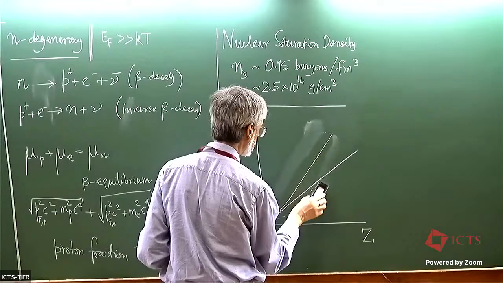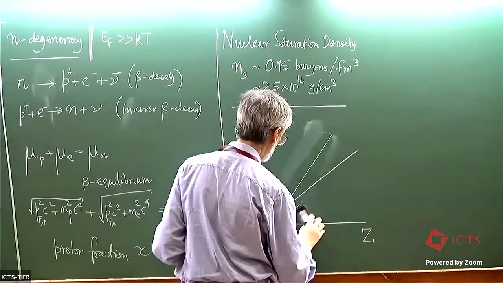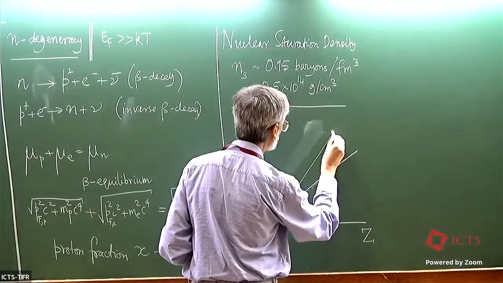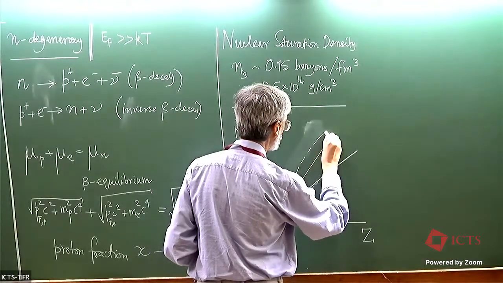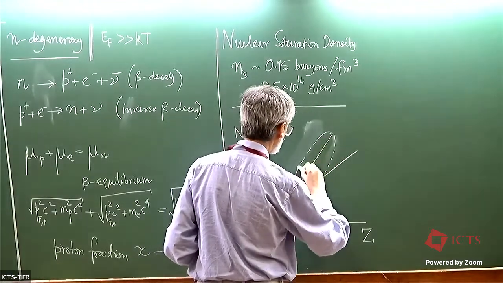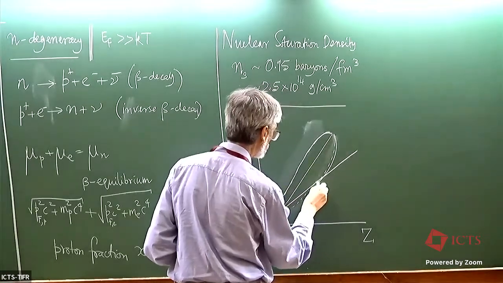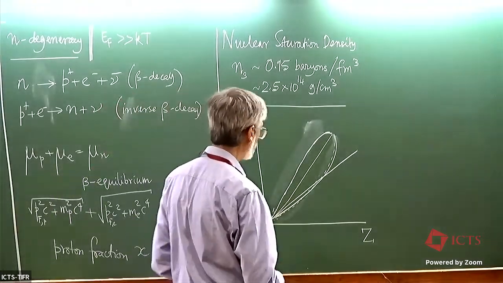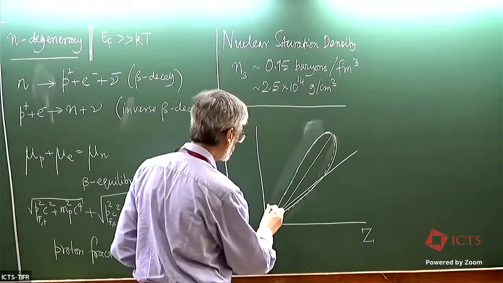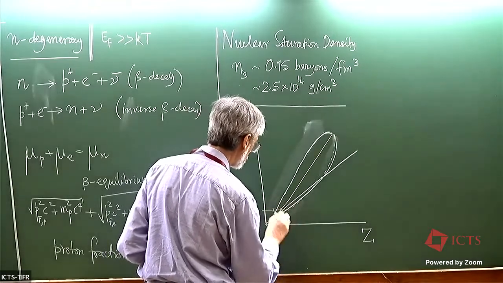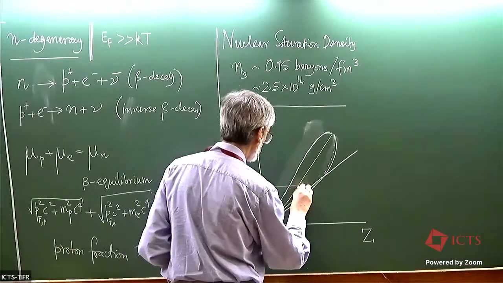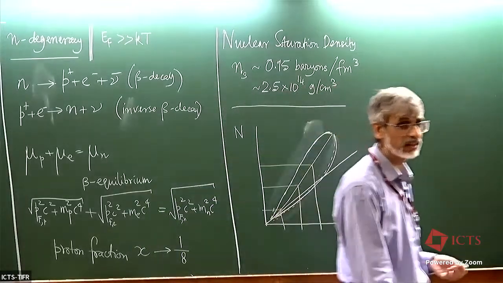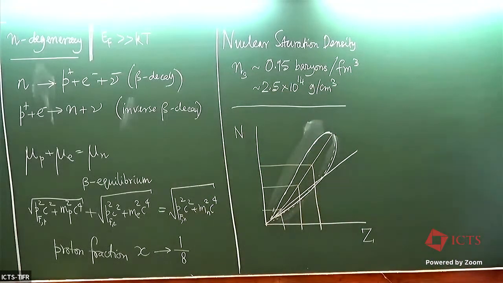This side is narrower than this side. And then there are some preferred values of N and Z, which we call magic numbers, where nuclei are extra stable.